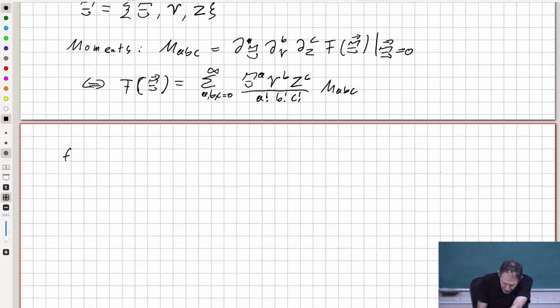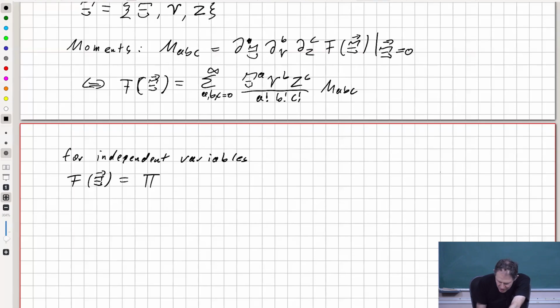So for independent variables, all we know about our independent variables is that the probability distribution factors, so that we can write this as the product over i equal to 0 to infinity of f_i of c_i.